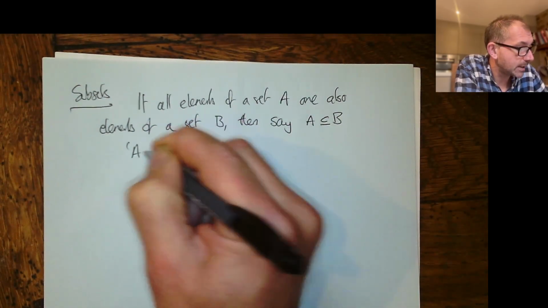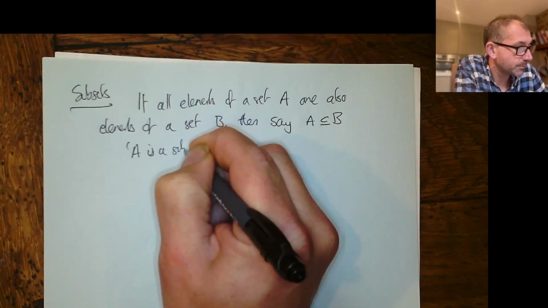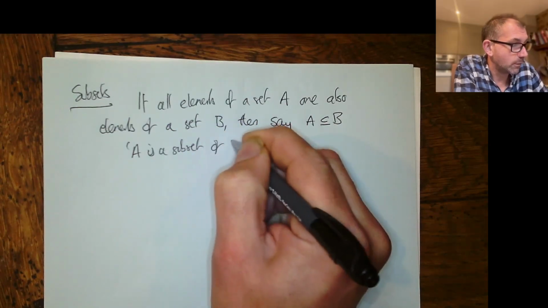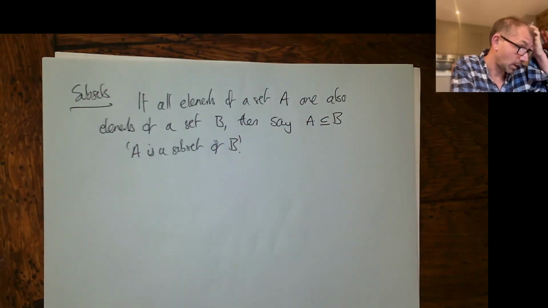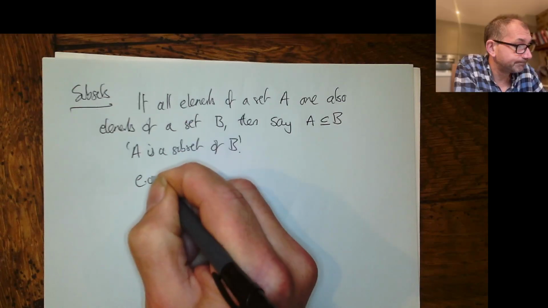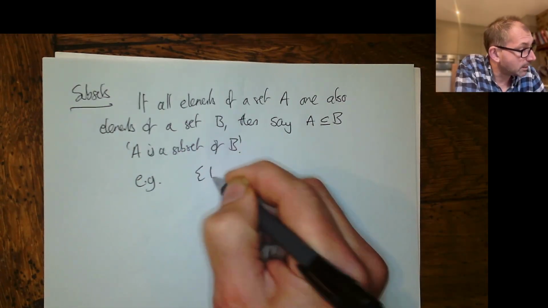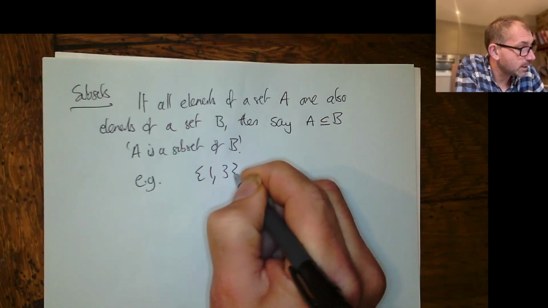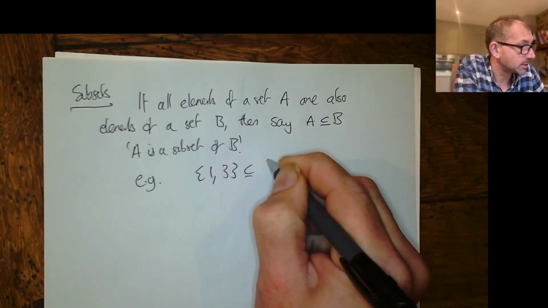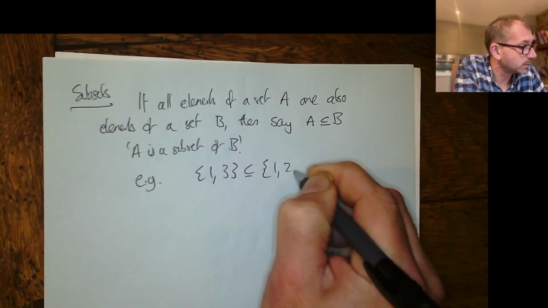So A is a subset of B. So for example, if I just take the elements 1 and 3, that is going to be a subset of the elements 1, 2, 3.